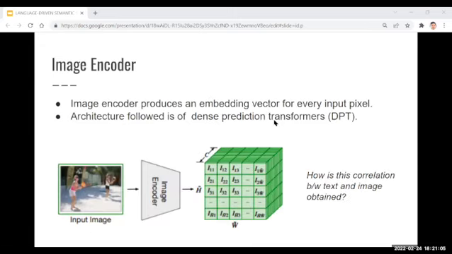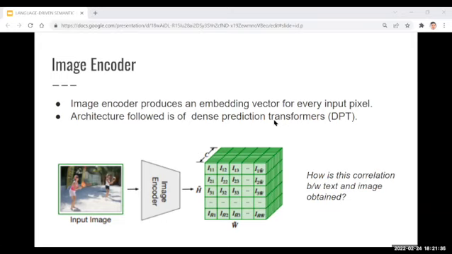Similar to the text encoder, we have the image encoder. The image encoder basically produces an embedding vector for every pixel instead of the text, right? And here they are using something called the dense prediction transformer, DPT. This is a segmentation model that was released by Intel in March 2021, and it applies a vision transformer to images.